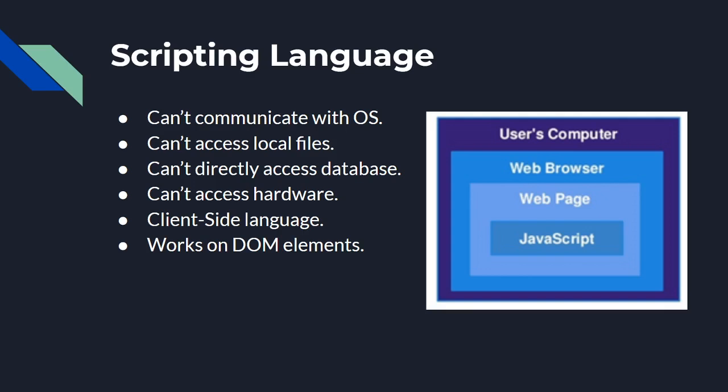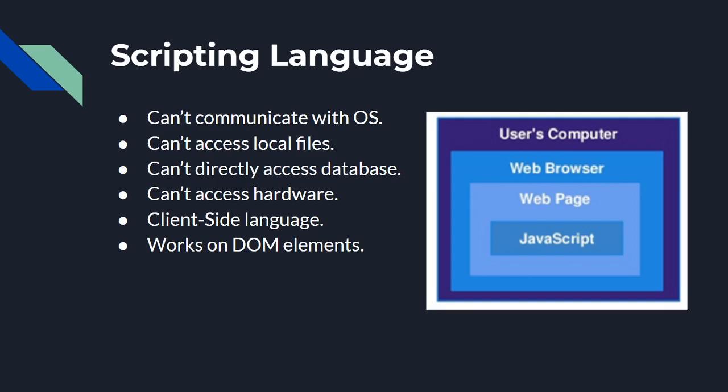It doesn't care if you're running the latest Windows or the oldest Linux, Ubuntu, whatever it was. It can't access your local files, so don't worry, it can't hack your local computer. You're safe for now.